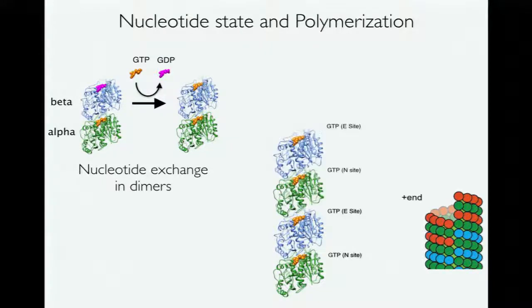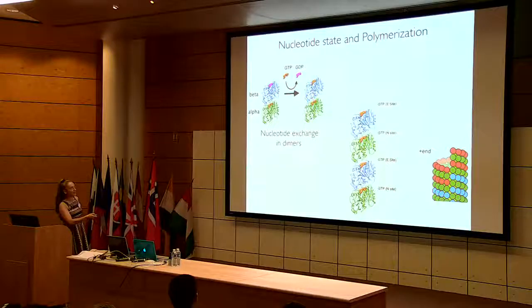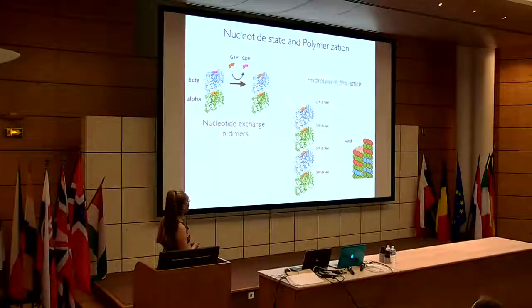Now, when the next subunit comes about, it makes new contacts at this newly formed interdimer interface between alpha and beta, and there are residues in the alpha subunit that catalyze GTP hydrolysis. Okay, so exchange happens in the unit, and hydrolysis happens within the lattice of the microtubule.